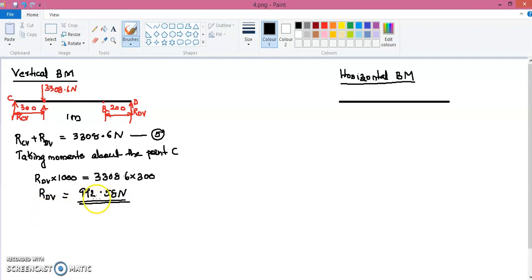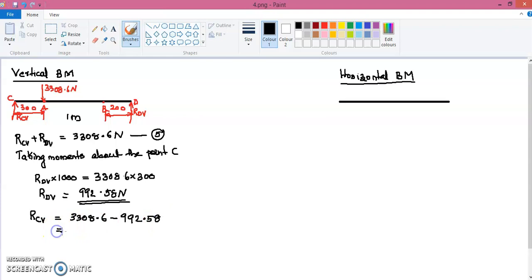When we substitute this value in equation number 5, we can find out this value RCV, the vertical reaction at the point C, that is equal to 3308.6 minus 992.58.